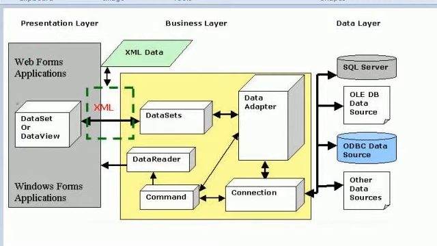The dataset is just an XML file, and the dataset is connected to the data adapter, which consists of a command and a connection, and the data adapter connects with the database. When the data adapter is connected with the database, it gets the data and fills the data inside the dataset. Or from the connection, we can put the data from the command in the data reader.